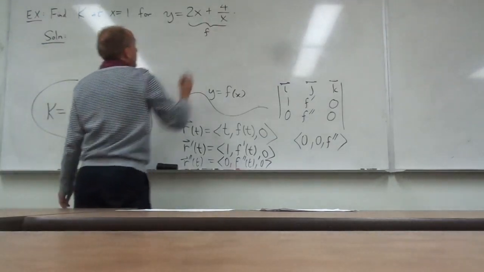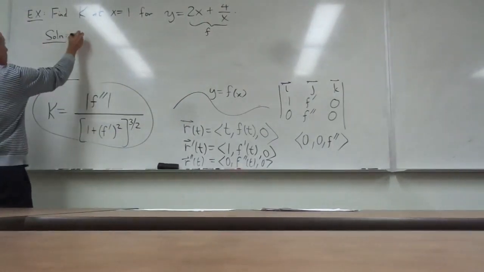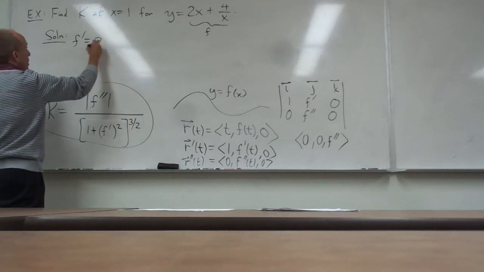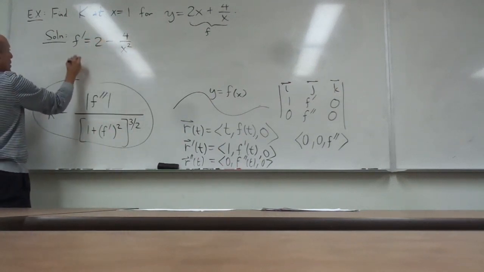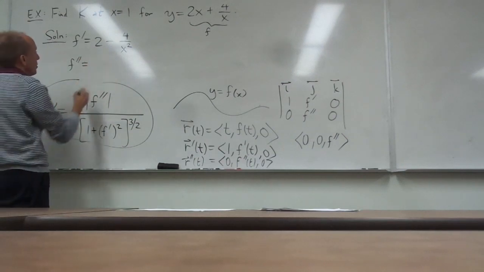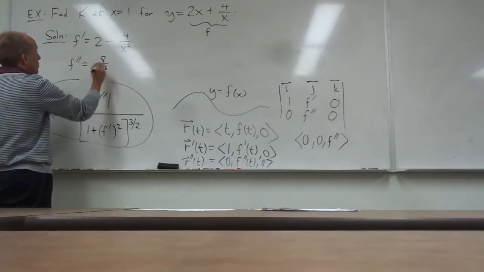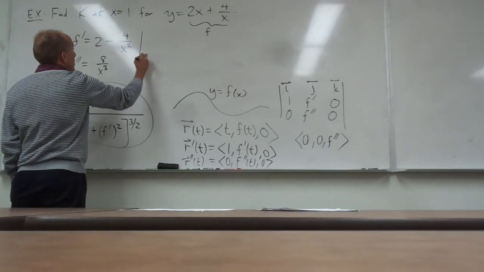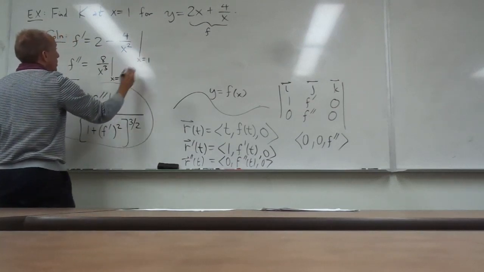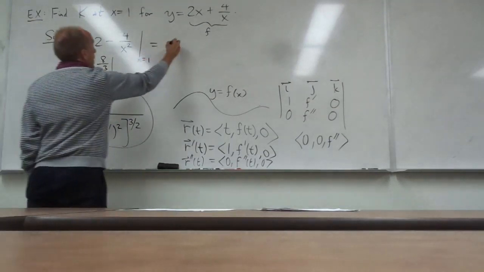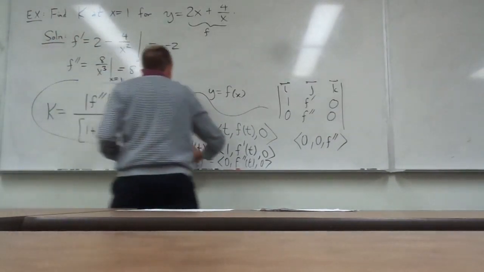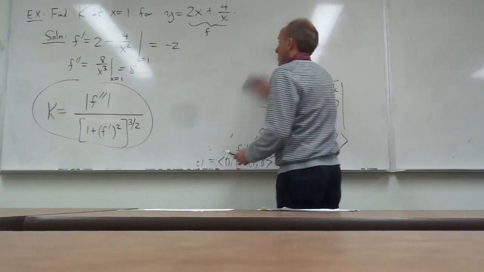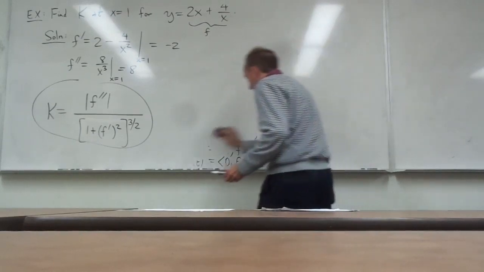The derivative f prime would be 2 minus 4 over x squared, and f double prime would be 8 over x cubed. Both of these are evaluated at 1. When I plug in 1, I get negative 2 for the first derivative and 8 for the second derivative.